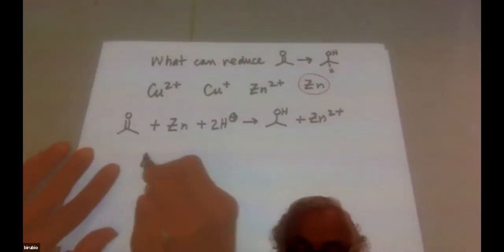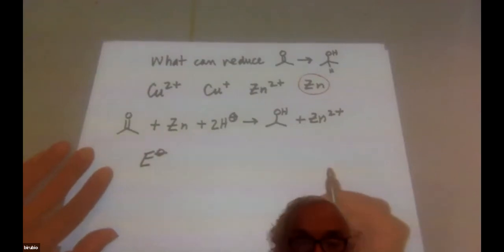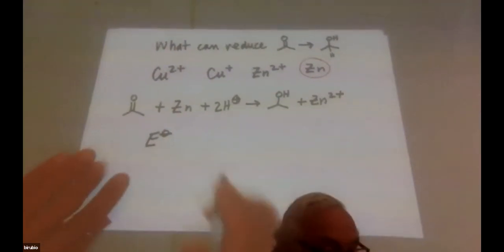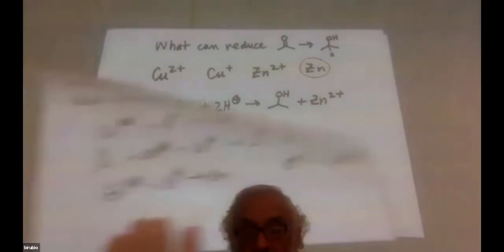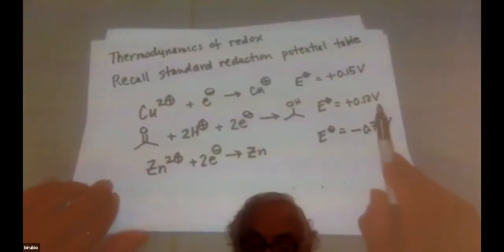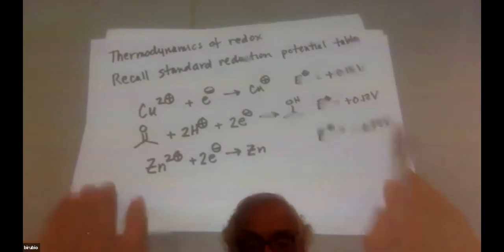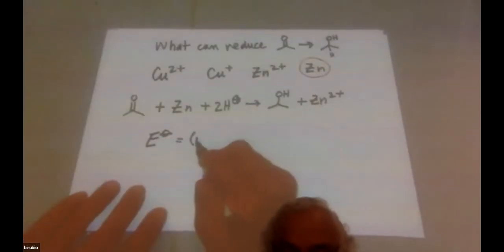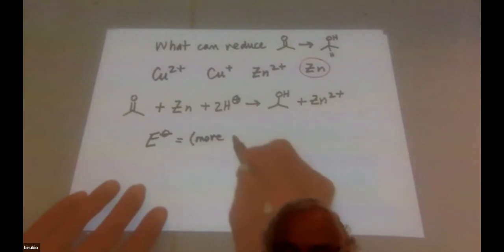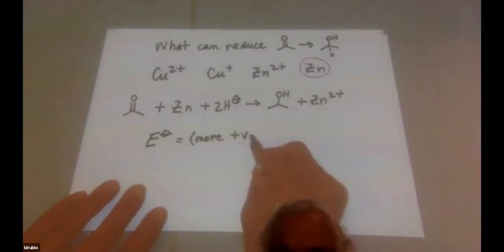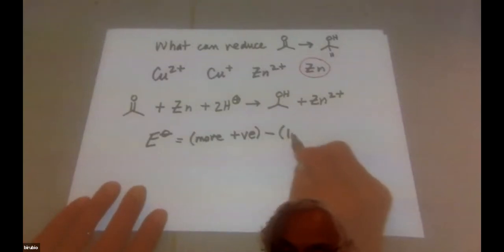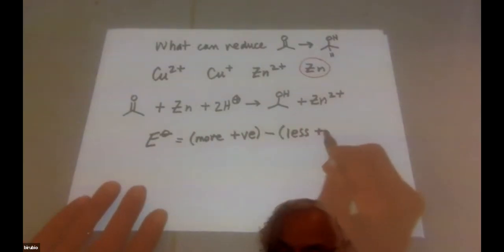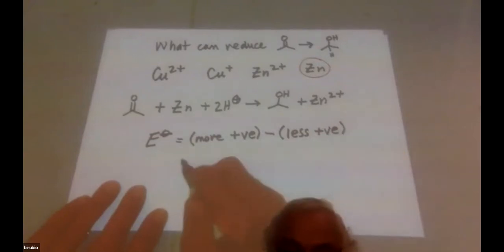And the overall reduction potential for this whole system is going to be the more positive E0 minus the less positive E0.